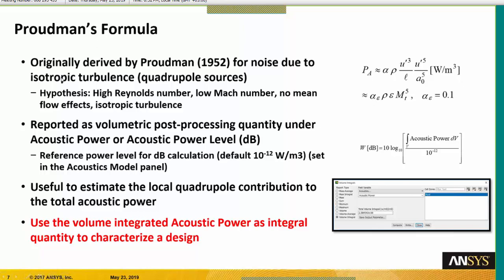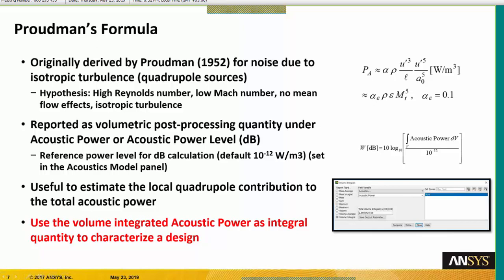Since we are considering isotropic turbulence, we are considering a volume, so what you do here is a volumic integral. So be extremely careful, you need to use a volume integrated acoustic power as an integral quantity to characterize a design. So this is exactly what is done here.